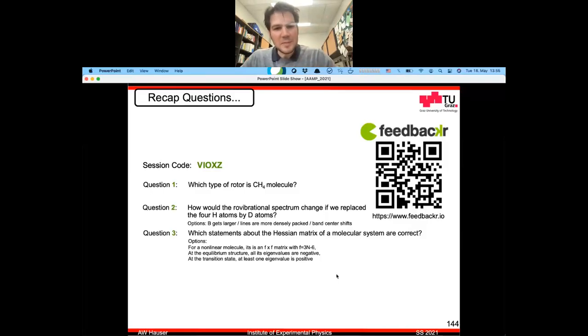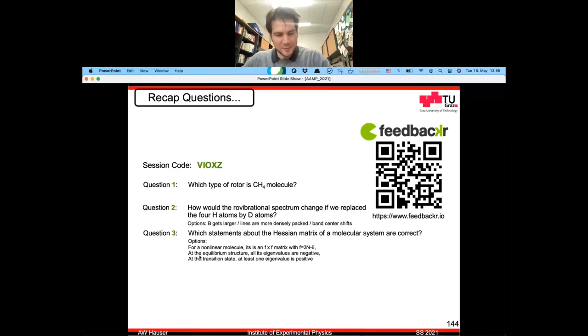It's this F times F matrix with 3n minus 6 degrees. So that's fine. And a few were thinking about the other two options as well, because I formulated them in a way that sounds right and is just, I mean, it is wrong, but it's a little tricky. So at the equilibrium structures, all eigenvalues are positive.